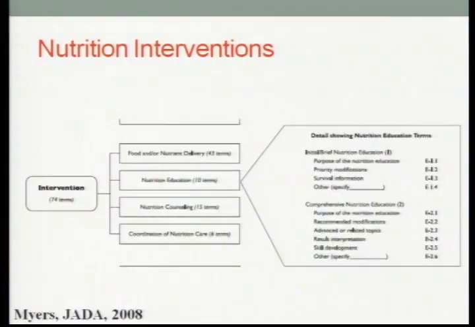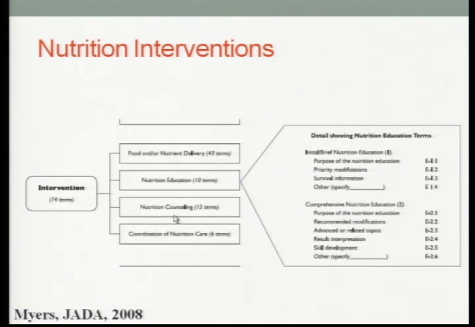All right, so here are the intervention code terms. There's 74, and you can see they're broken down into areas that are very thoughtful. Nutrition, food and/or nutrient delivery. That's your oral supplement, giving them adequate food, actually delivering adequate micronutrients and macronutrients through whatever system. There's nutrition education.